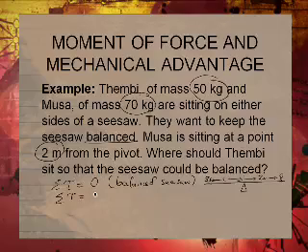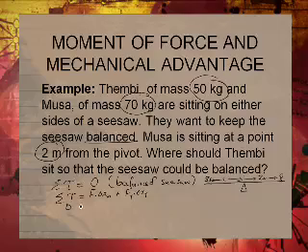So it will mean that this total will be equal to the force exerted by Musa times the distance from the pivot for Musa, plus the force exerted by Tembi times the distance for Tembi. Now, all this should give us 0.